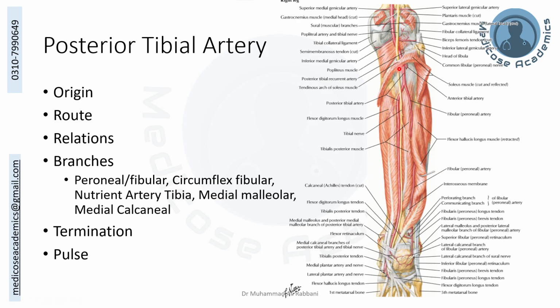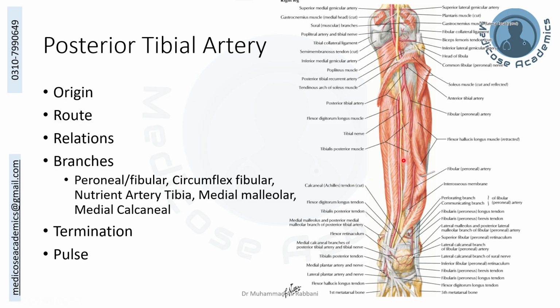Branches. It will have the posterior tibial recurrent artery going back to the anastomosis of the knee joint, sometimes a branch of the posterior tibial artery, sometimes a branch of the popliteal artery. Then it has the fibular artery, the main branch that we'll discuss in the next slide, that is the peroneal artery.